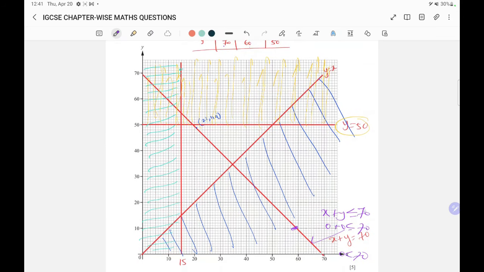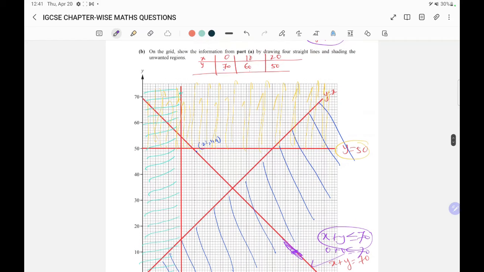You can select any other point like 10, 0 also. But this point is valid over here. It means any point below this line is valid, the wanted region. It means above is the unwanted region here.